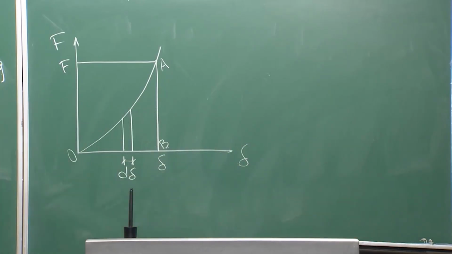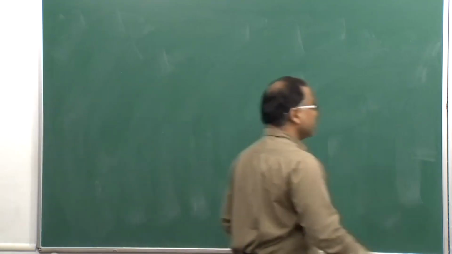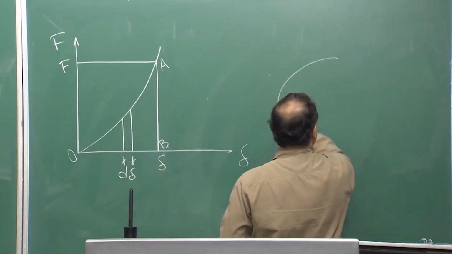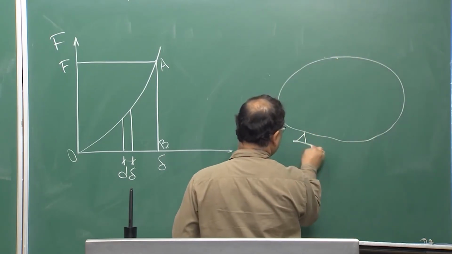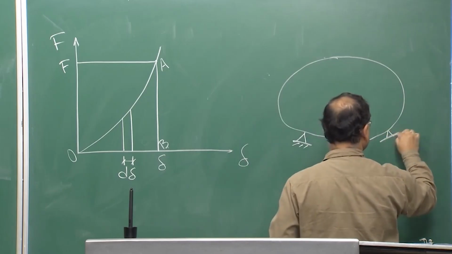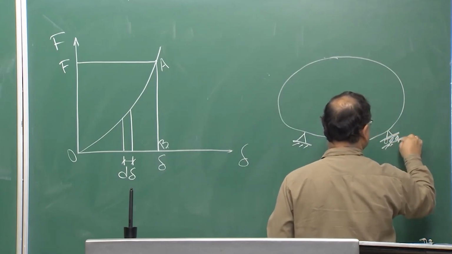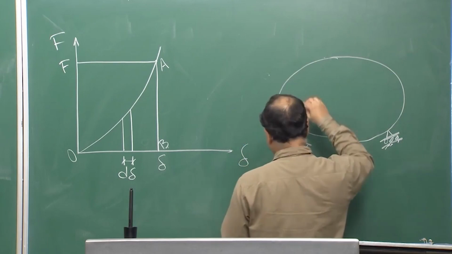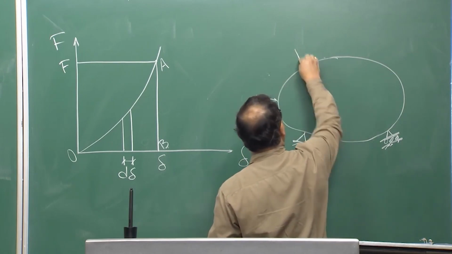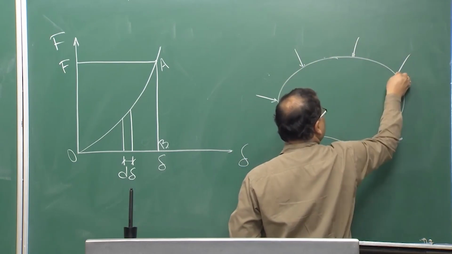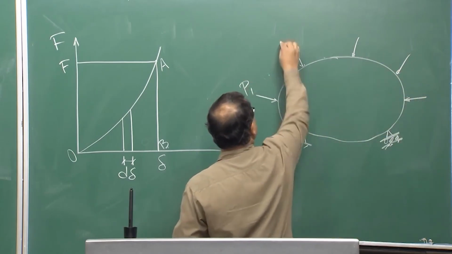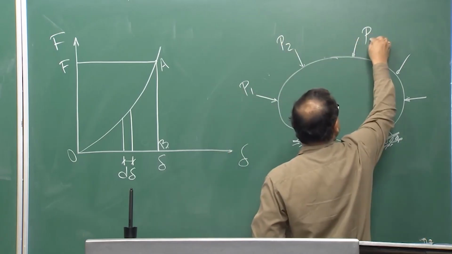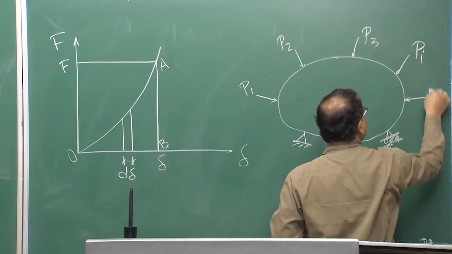Now, let us talk about this thing. If I consider a conservative system like this, this is one conservative system supported like that, under the action of different forces. So, this is say P1, P2, P3, Pi and Pn.